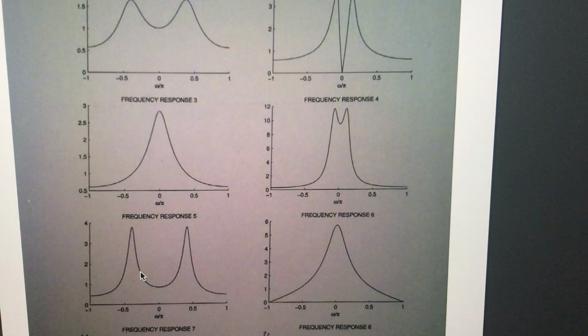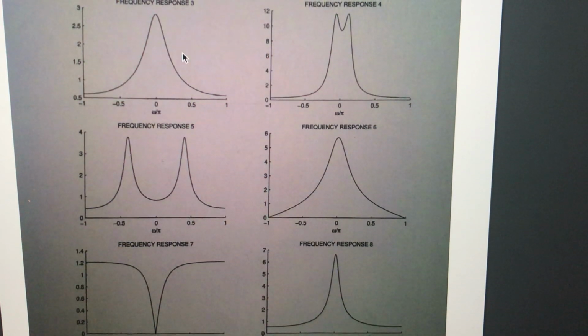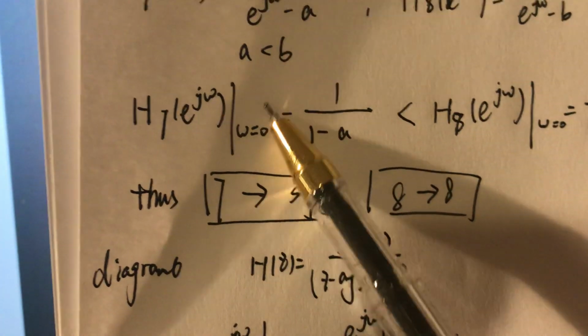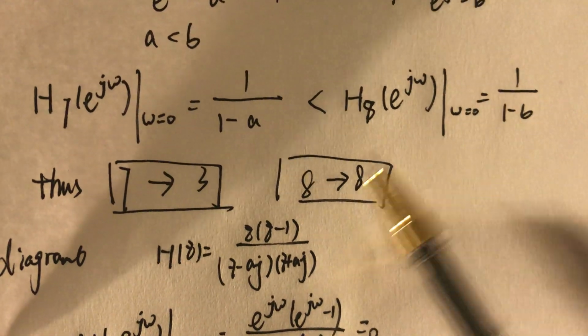since when omega equal to 0, both diagrams will not equal to 0 at this point, which will be almost bigger than 1, so we locate our diagram to diagram 7 and diagram 8, but we could say that the distance between the pole and 0, so we know that the frequency at omega equal to 0 is lower than the frequency of omega equal to 0 at diagram 8.